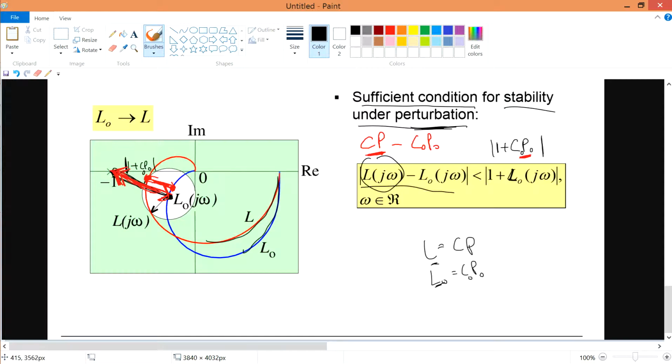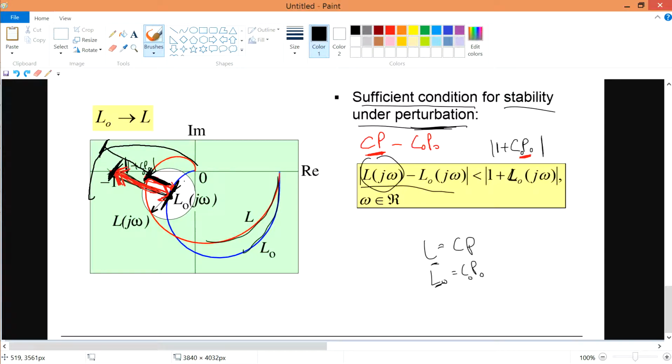Or in other words, these differences must never be greater than this difference, because if it were greater, then this means you have a greater loop that is going into -1.